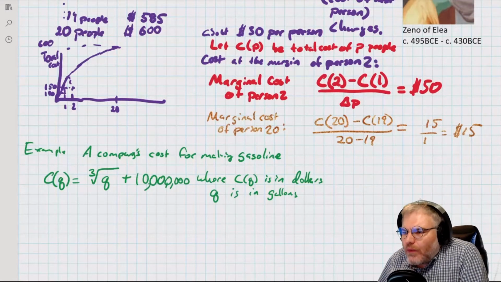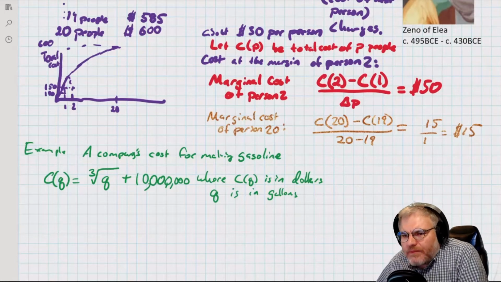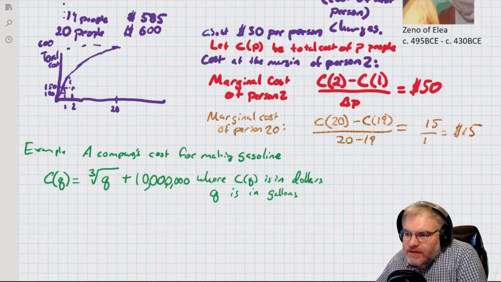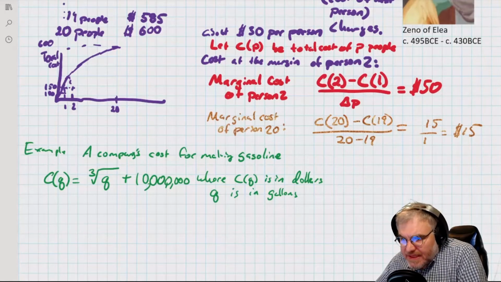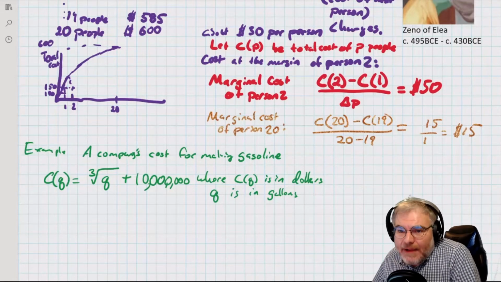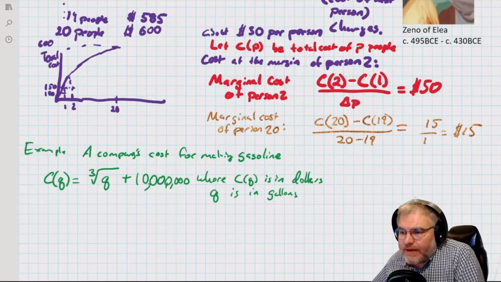Okay. So what's the marginal cost of making that first gallon of gasoline? Right. It's expensive. It's expensive to make that first gallon of gasoline, right? It costs $10 million in fixed costs. I've got to pay that no matter how much gasoline I make, right?